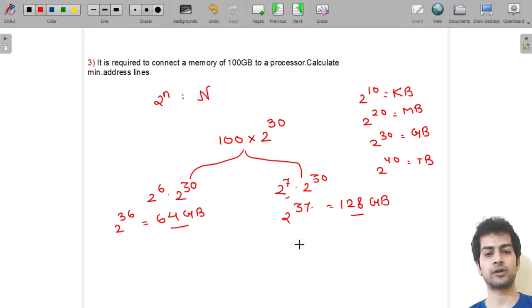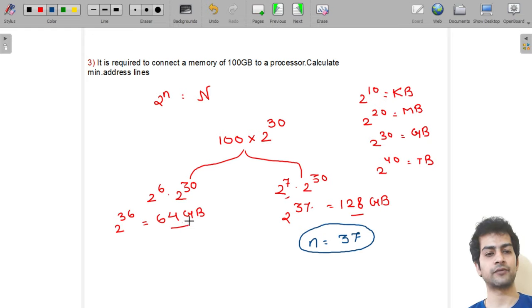Our answer will be 128 gigabyte, and the number of address lines will be n equal to 37, because we can afford to have some empty spaces, but we cannot afford to lose data.